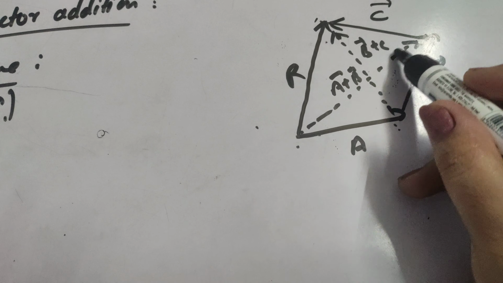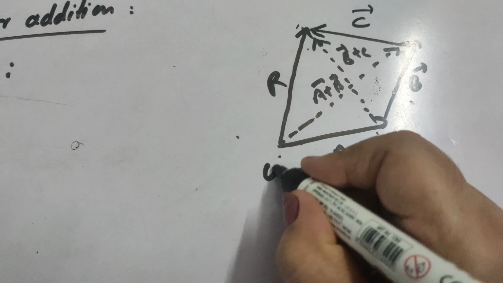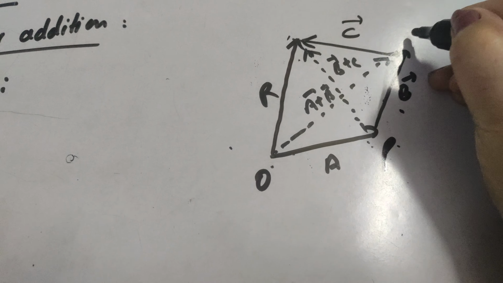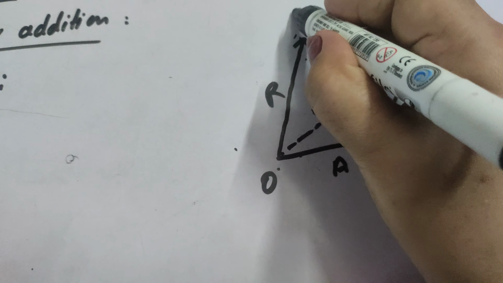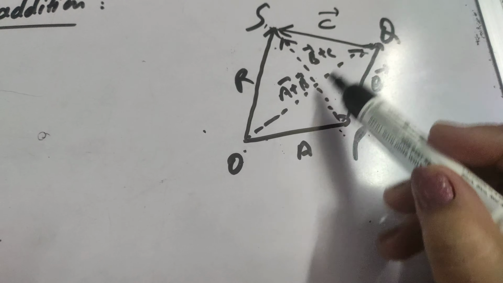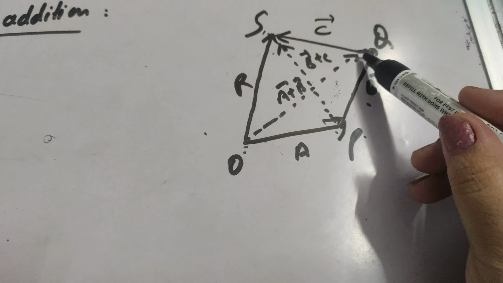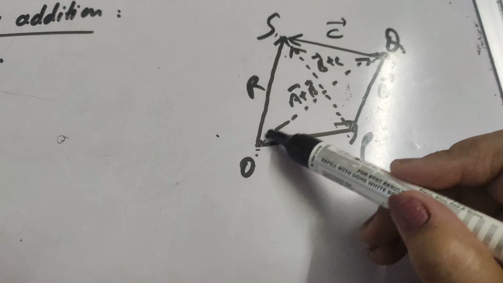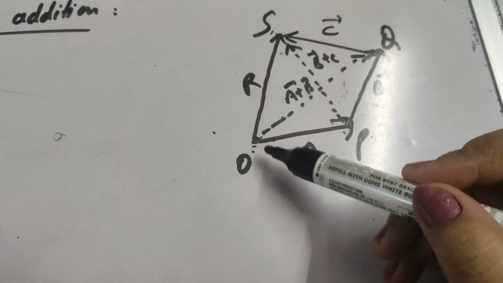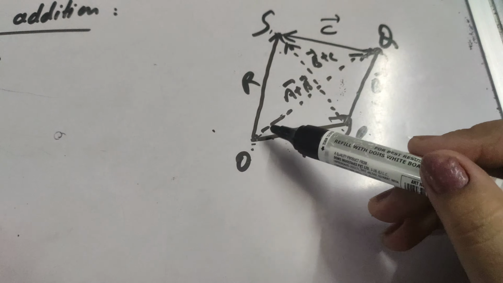Now we join these two in between, so that in the triangle we name it O, P, Q and S, right? Now in triangle OPQ, see here OP is in this direction, PQ is in that direction, but this OQ is in opposite order. If I take this triangle OPQ, OP plus PQ is equal to OQ.